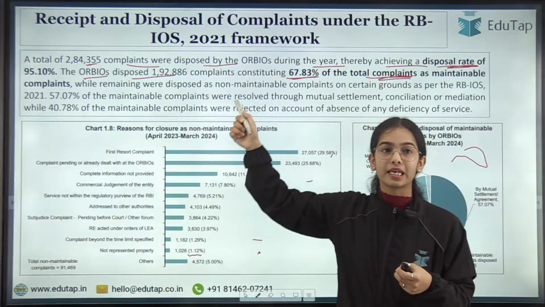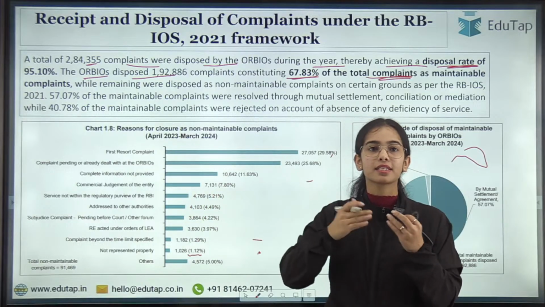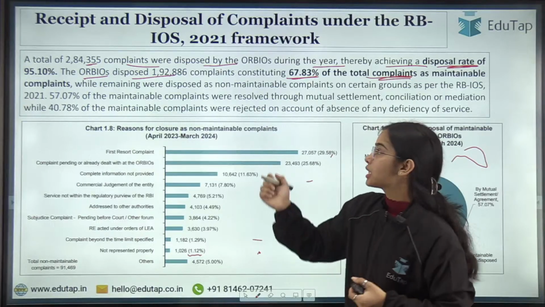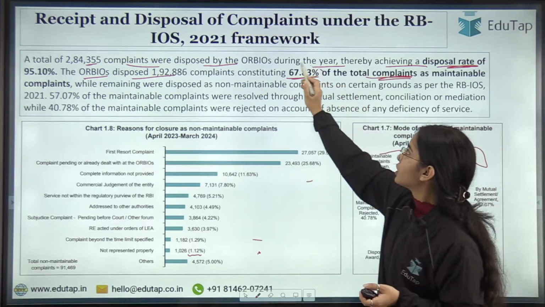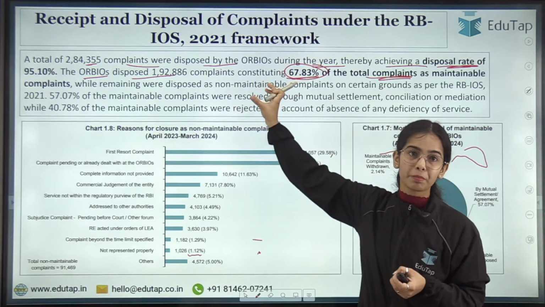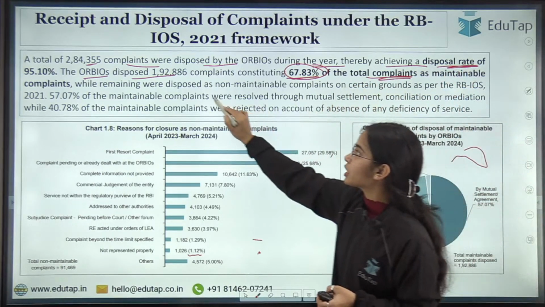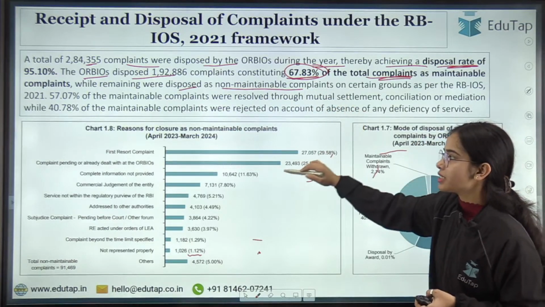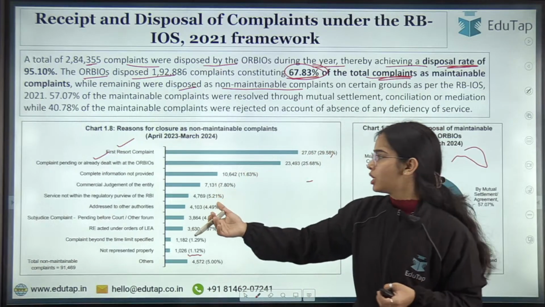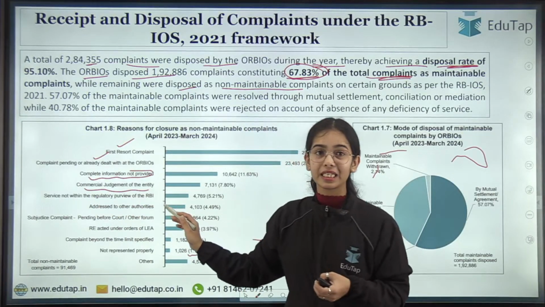So here you can understand that the offices have disposed of 2,84,000 complaints, a disposal rate of 95.10%, but out of the total complaints, the maintainable complaints were 67.83%, while the remaining were disposed of as non-maintainable complaints because they were first resort complaints, complaints pending or already dealt with by the offices, complete information was not provided, or commercial judgment of the entity was involved, where suggestion and feedback are not taken.